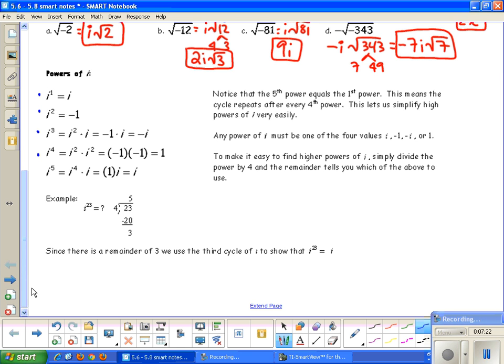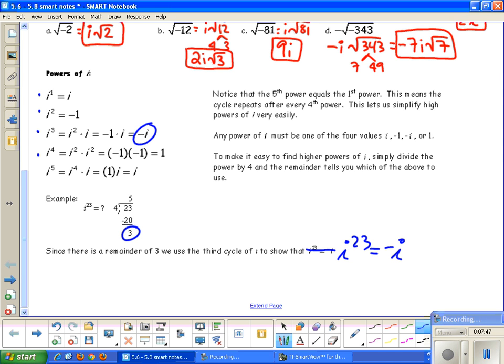I'm going to divide 23 by 4 and see how many times it goes in and what the remainder is. So 4 goes into 23 5 times with a remainder of 3. That means you're on the 3rd cycle of i, which would be -i. So in this case, i to the 23rd is equal to -i.